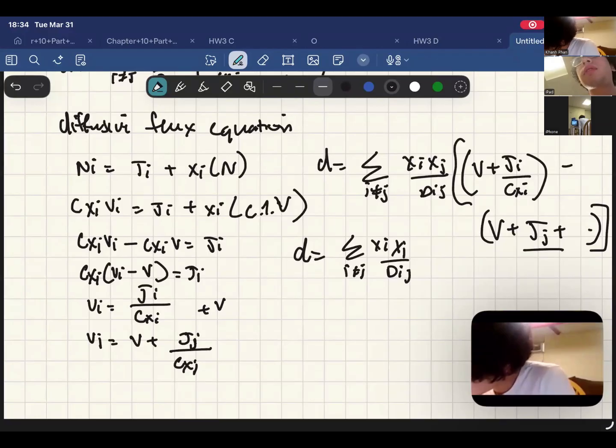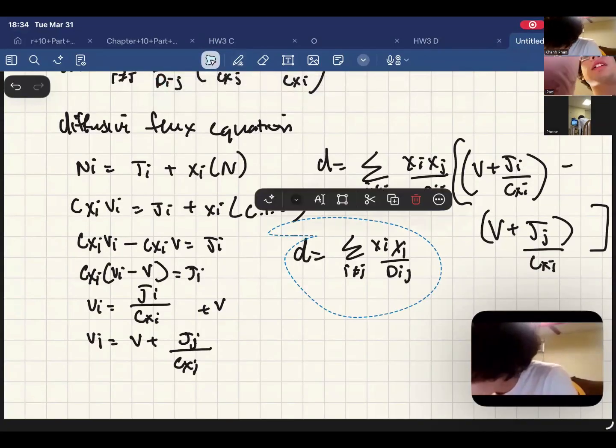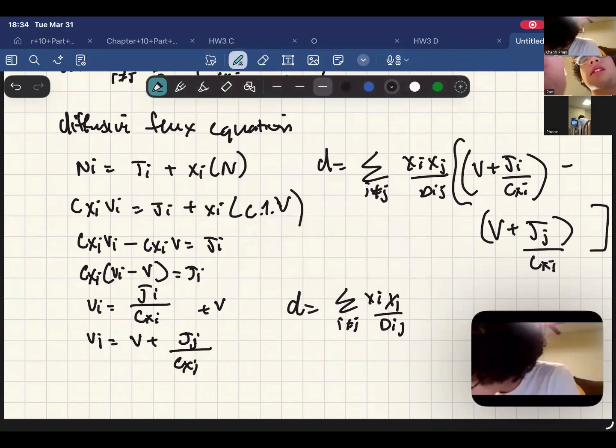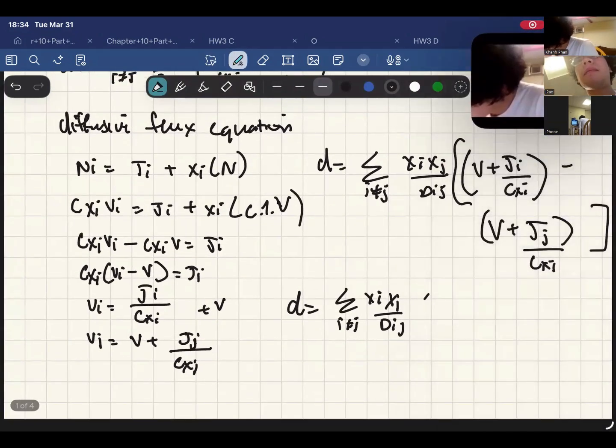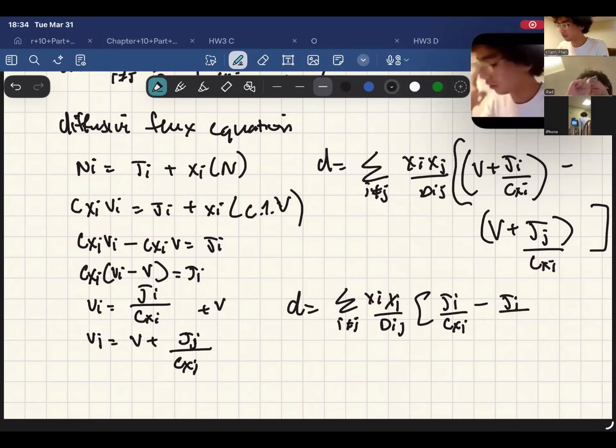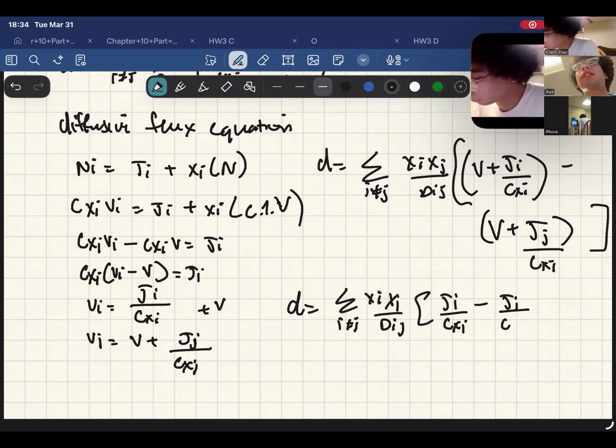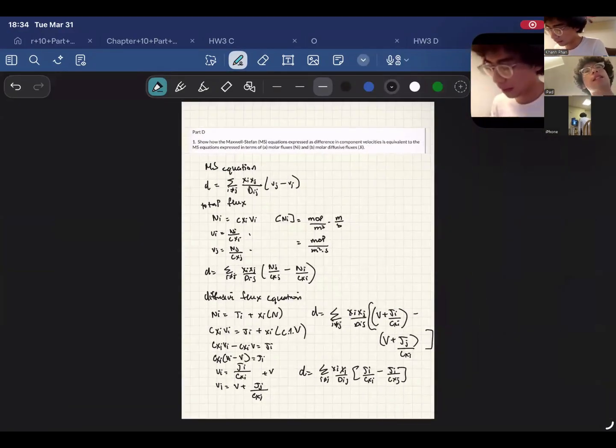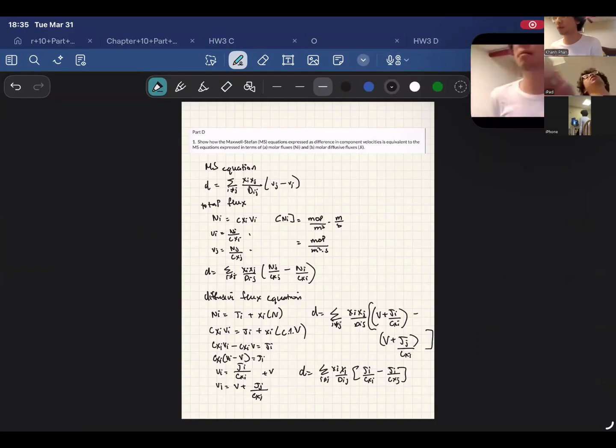And then this one would be c x_j. Yep. And then we simplify our equation. We would have J_i over c times mole fraction of i minus J_j, the diffusive flux of species j, over concentration times mole fraction of species j. So that's for the first question, express the Maxwell-Stefan equation in terms of molar fluxes and molar diffusive fluxes.